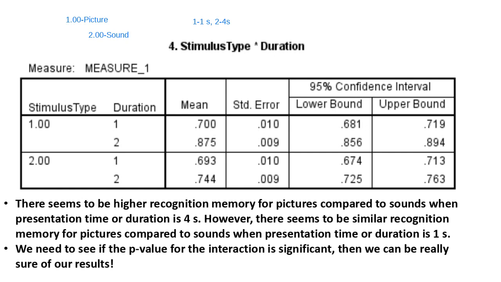Picture has the higher mean. Yeah, that's a good point. But what about the duration, looking at duration and the stimulus type? Exactly, both pictures and sounds did better with the 4 seconds.